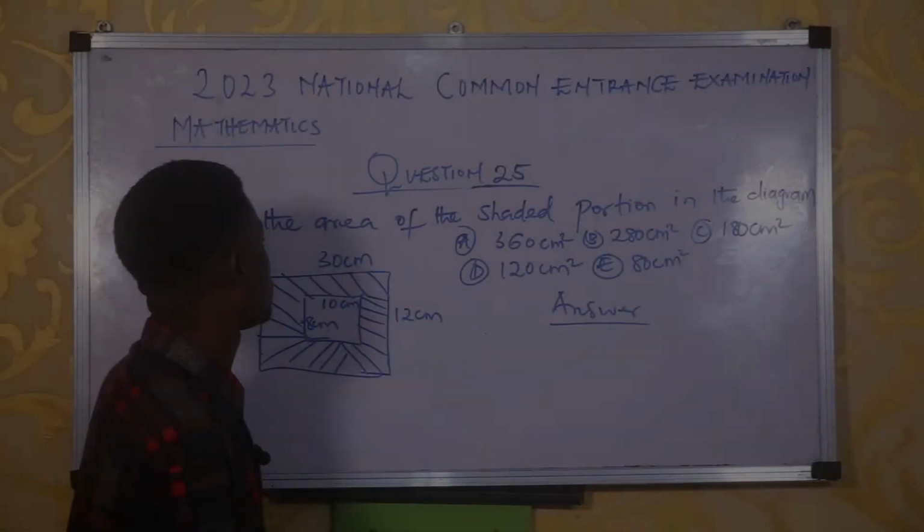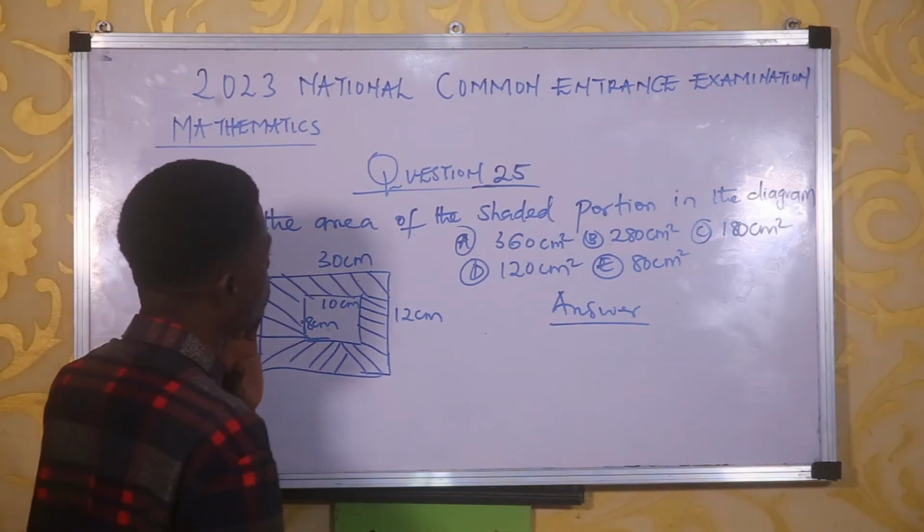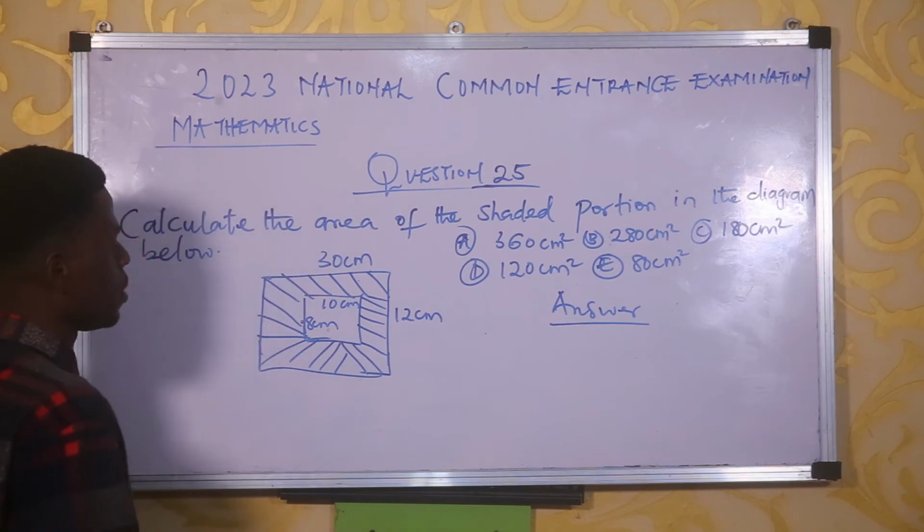The question says calculate the area of the shaded portion in the diagram below. So I want to look for the area.